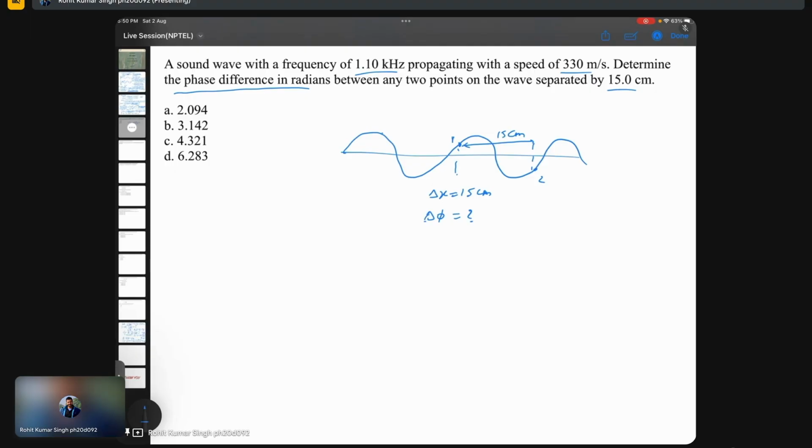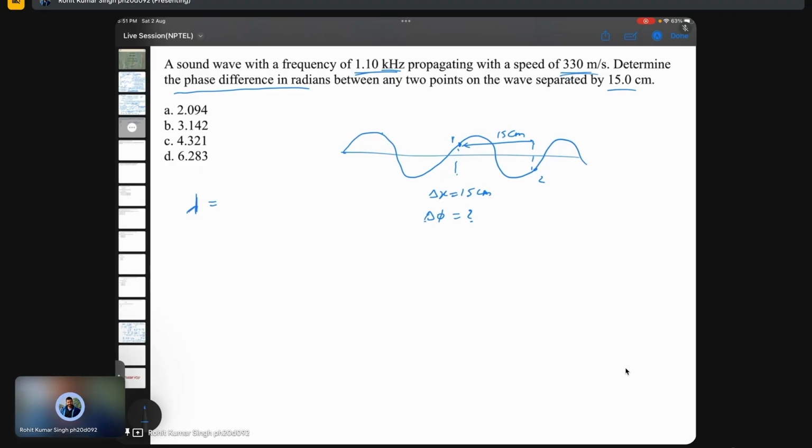No one? Okay, I'll give you a hint. You cannot recall, no problem. You have been given the frequency and the speed of sound, right? So from here you can calculate the wavelength, correct?